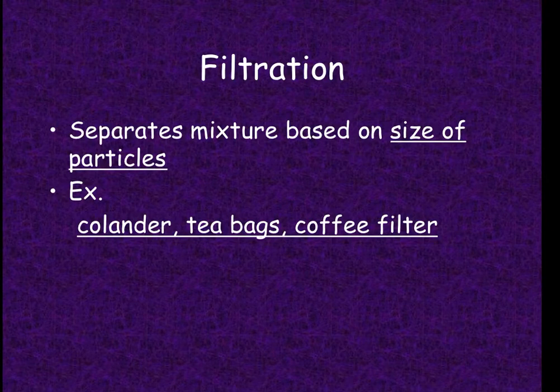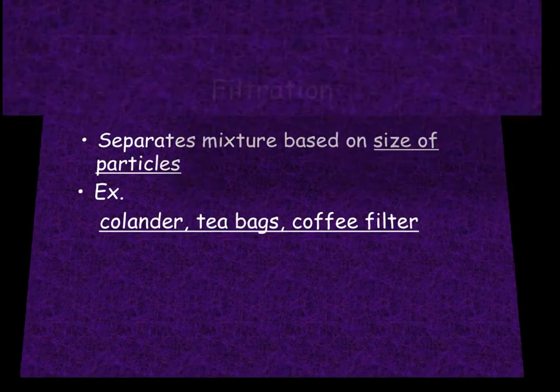Now, within mixtures, we can describe these as two different types. The first type of mixture is a homogeneous mixture. Now, I know you're going to laugh, but this prefix homo is going to come up not just here in chemistry, but also in biology. Okay, the prefix homo means same.